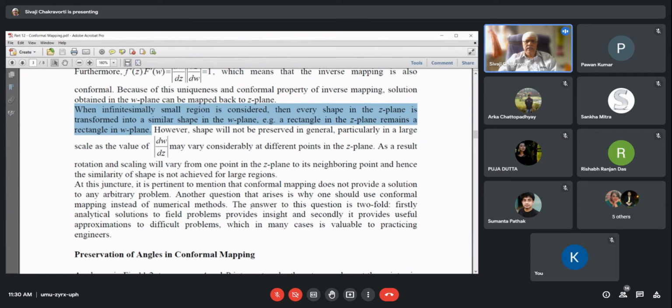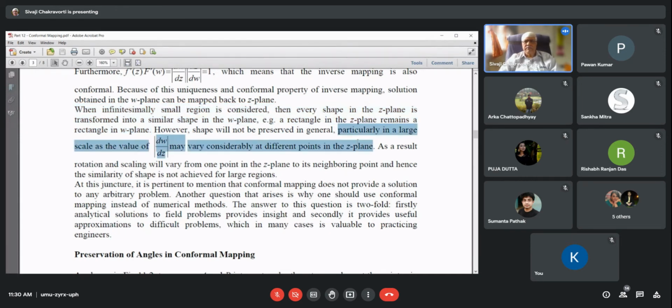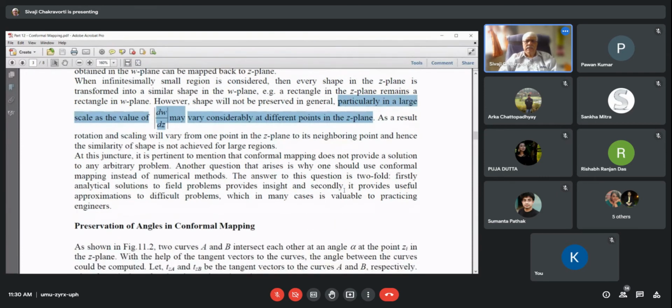That means the rectangle will remain the same. However, if this is on a large scale, that means if the dimensions are quite large, then the shape will not remain the same. This shape remains the same only if it is an infinitesimally small region.